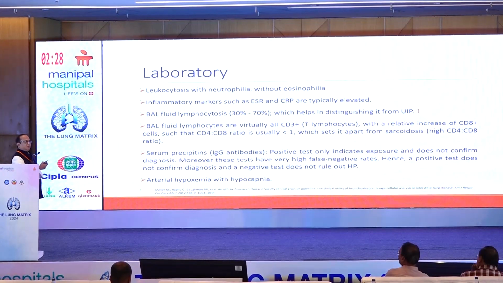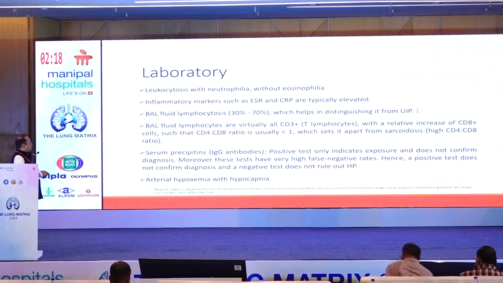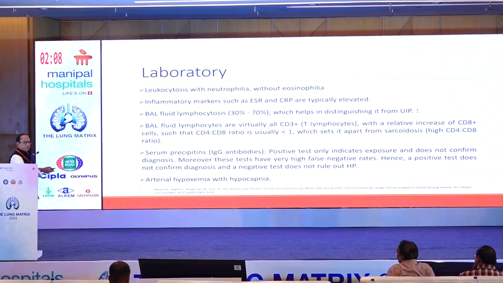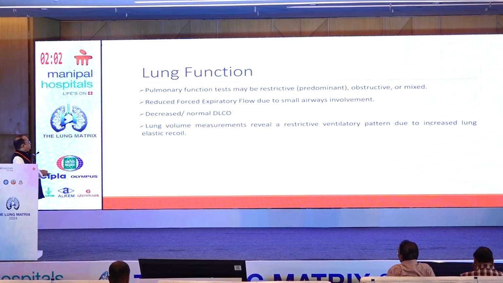Presence of a huge amount of lymphocytosis in BAL is a distinguishing feature. Serum precipitins, which are basically IgG antibodies, however if they are negative, they don't rule it out. If they are positive, they don't make it an absolute positive predictive value. It doesn't confirm the diagnosis. So the whole picture needs to be looked at.